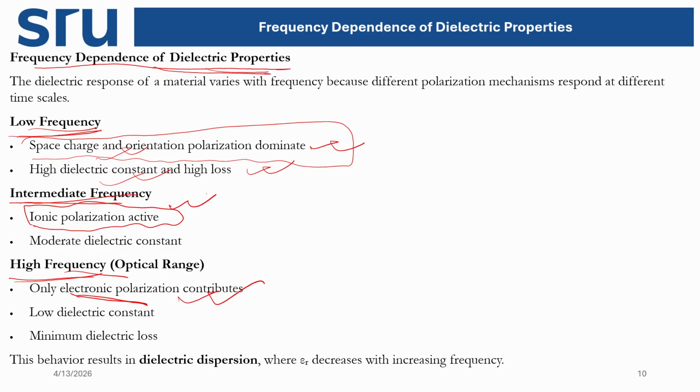So the dielectric constant is low and dielectric losses are minimal. This behavior of the compound is called dielectric dispersion, where epsilon r decreases with increasing frequency.